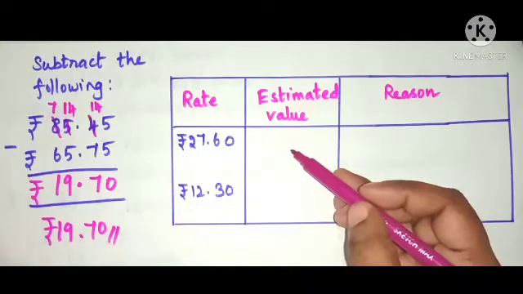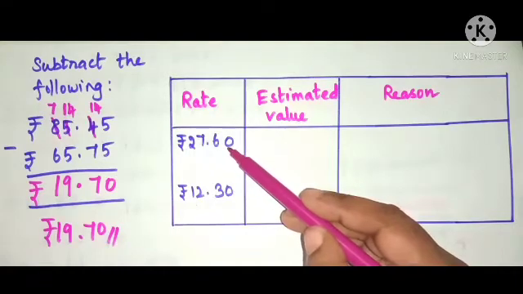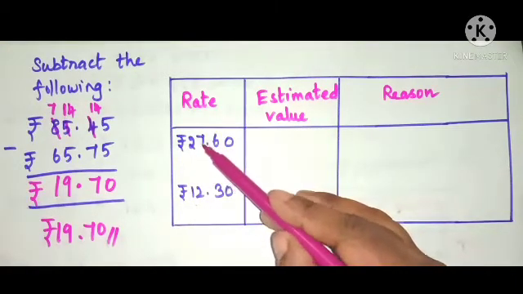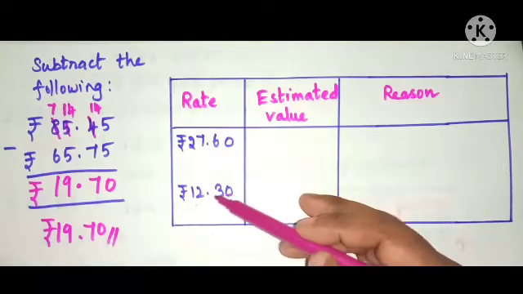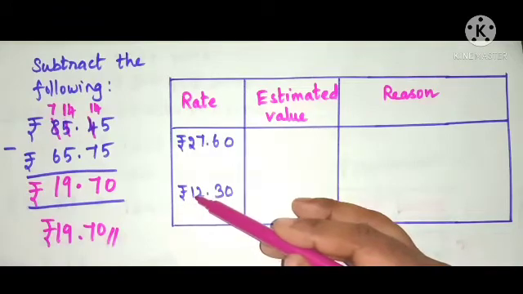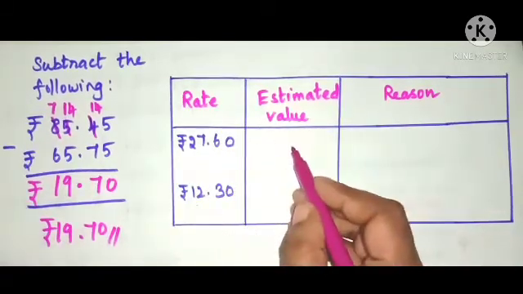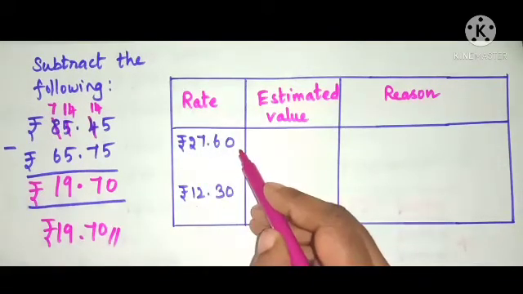We know that if the pice value is more than 50 pice or equal to 50 pice, add 1 to the previous digit. If it is less than 50, keep the previous digit as it is.